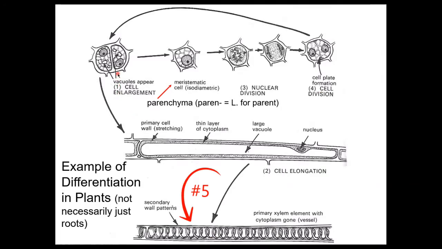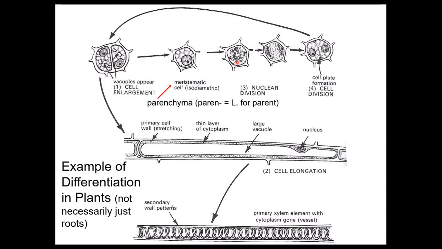Now, when this cell is enlarging, it's enlarging in width, but it's also enlarging in length, it's elongating. This enlargement continues until the surface area to volume ratio becomes less than favorable and the cell divides.